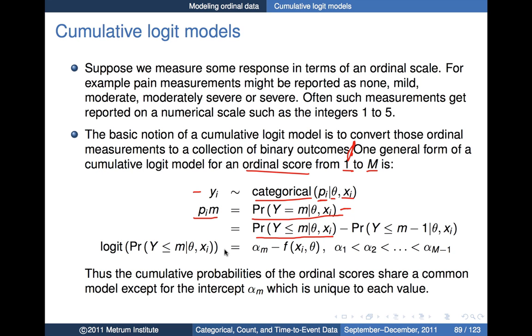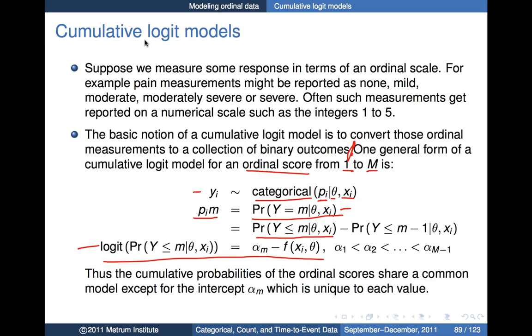And then what we can do is in effect model each one of these inequalities as a binary outcome. So y is either less than or equal to m, or it's greater than m. You can treat that as a binary outcome and model that using logistic regression. And that's exactly what we're doing right here.